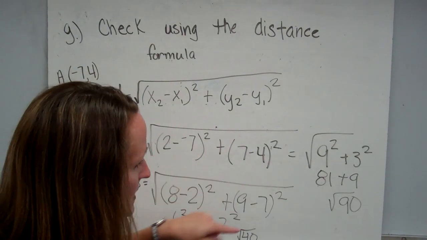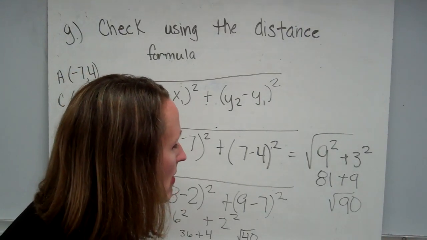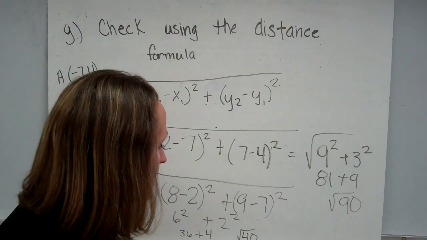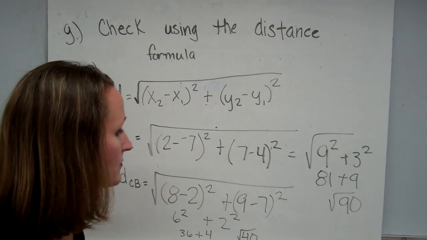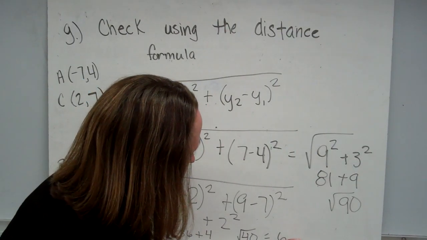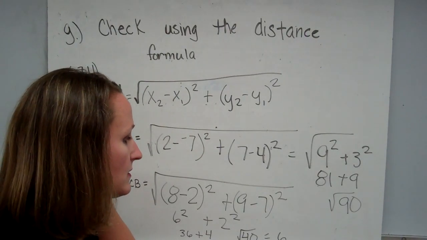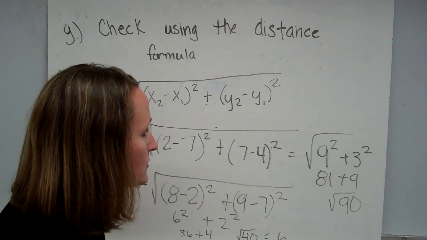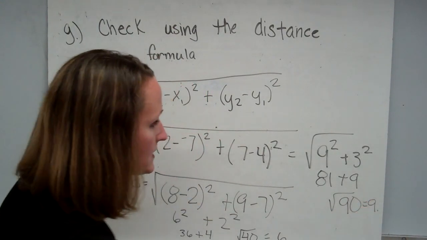Remember, we're looking for 3 to 2. So if we took the square root of 40, it's going to give you 6 point something, and the square root of 90 is going to give you 9 point something.